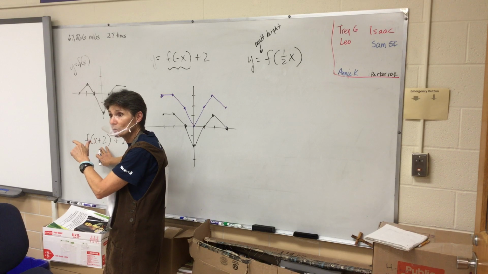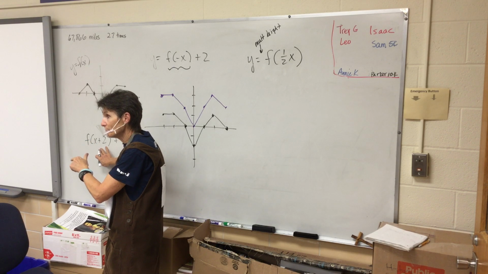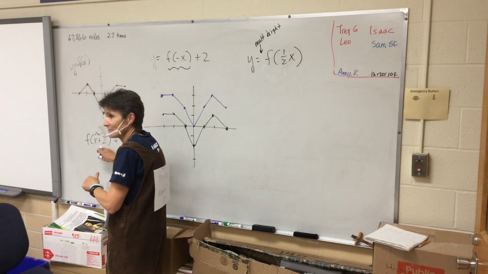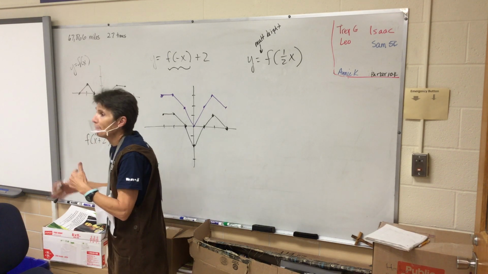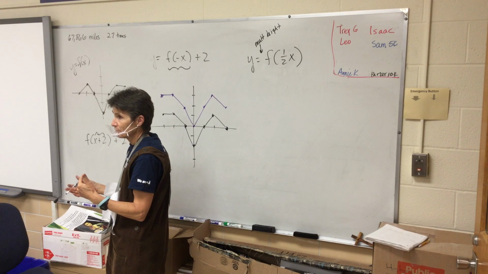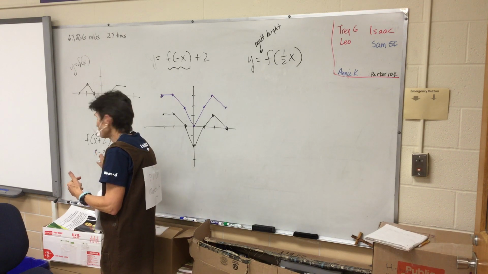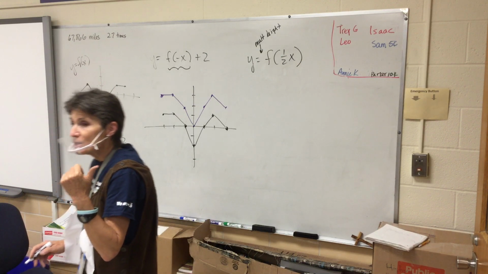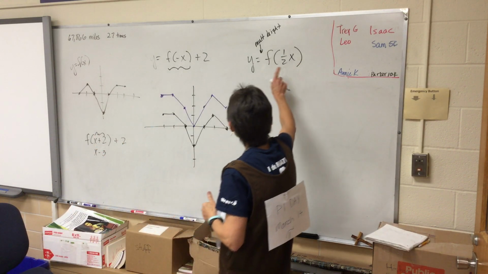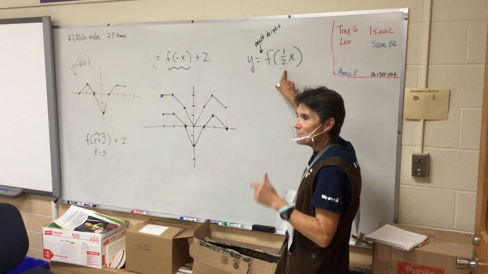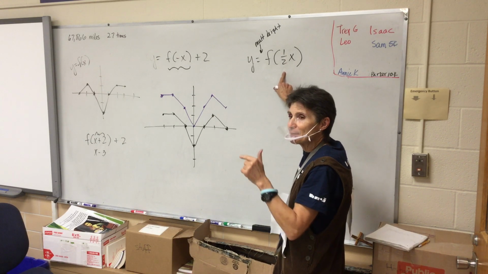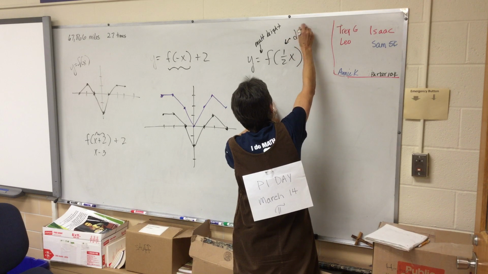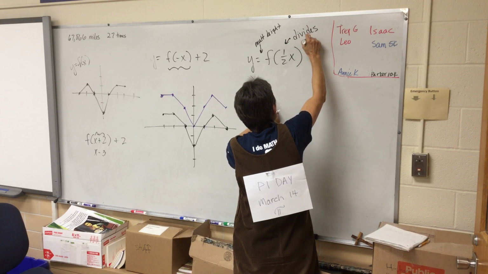It actually goes back 2. Do you remember that? Anything inside here ends up doing the opposite of what you would think. If it's an x minus 3, it doesn't back up 3. It goes forward 3. So, the same thing is true of this. This number doesn't multiply the width, it actually divides the width.